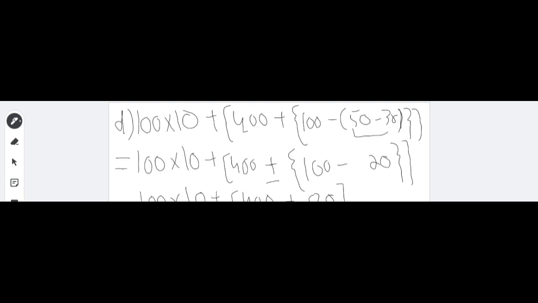Now what do I have to do here? 40 plus 400 plus 80. 400 plus 80. Now what do I have to do here? Multiplication. It becomes 1000. Plus 480. Okay, now what is the answer? 1480. Yes.